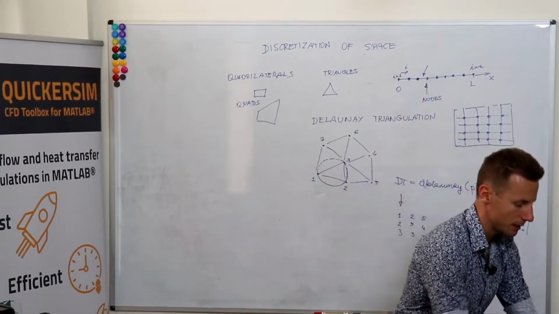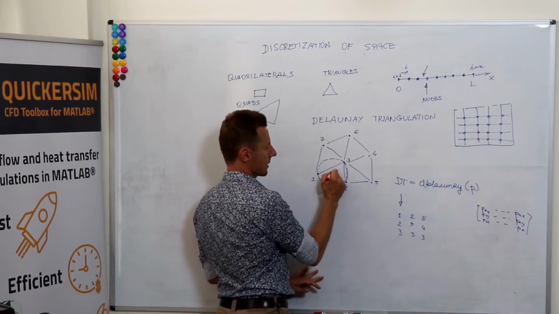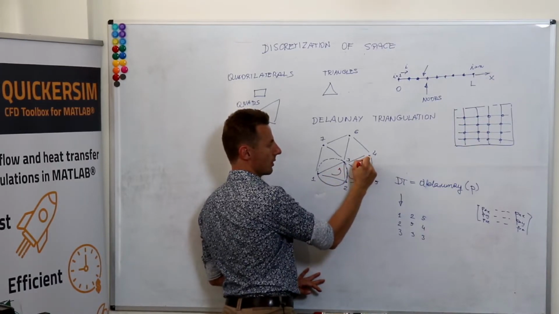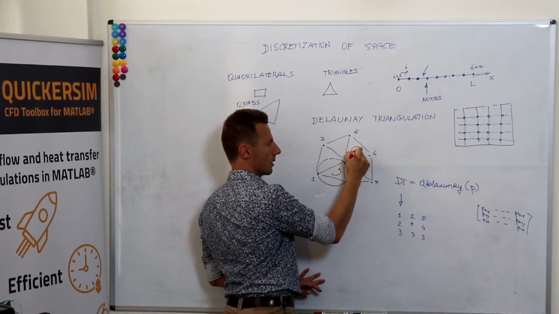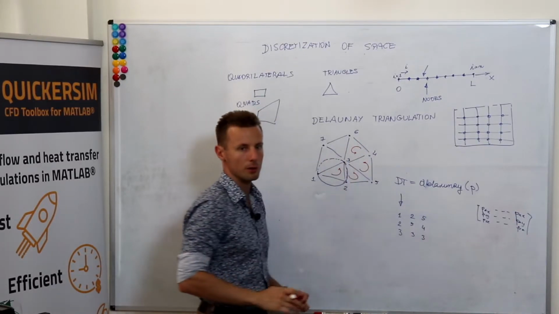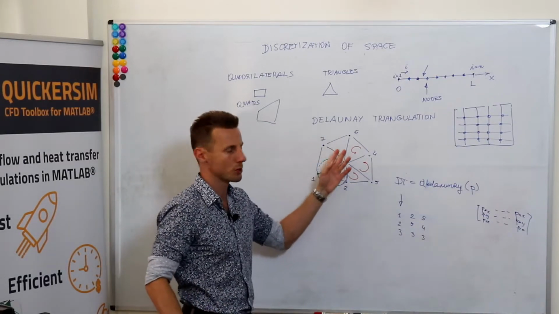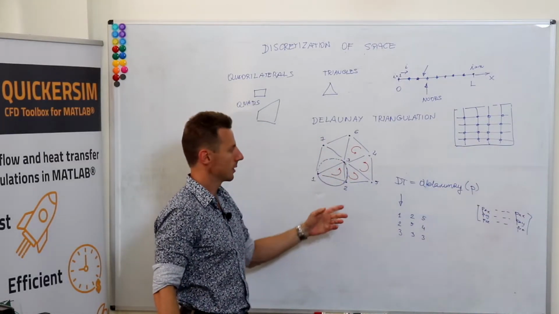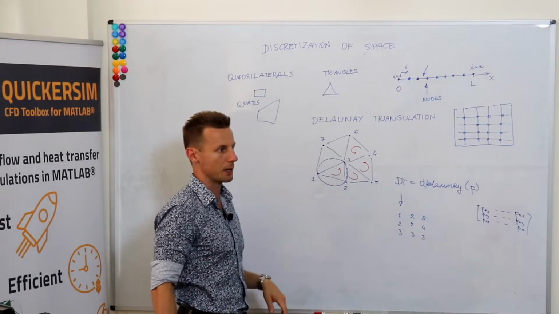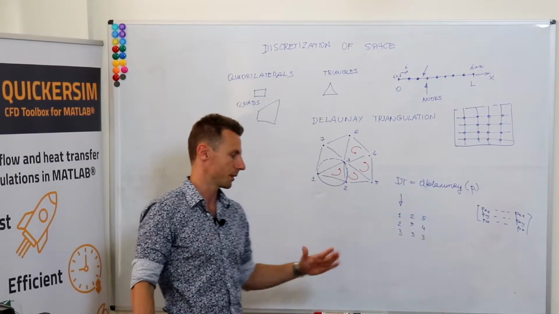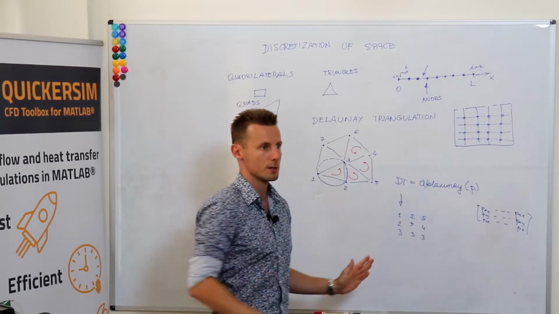The convention is that you always loop in this direction over the local nodes. No matter which node you start with, but always this way, so that you've got your subdomain on the left-hand side when you're circling around it.